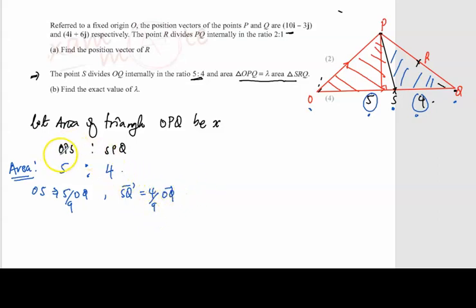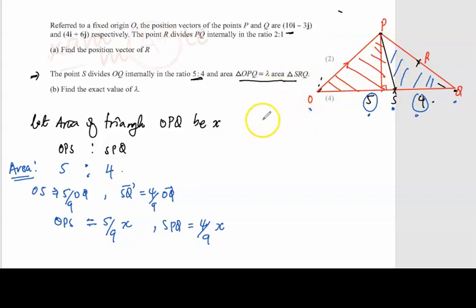That means the area of OPS is going to be 5/9 of X, the area of the whole thing. And the area of SPQ is going to be 4/9 of X, because the total should give you X, the total area of the big triangle.